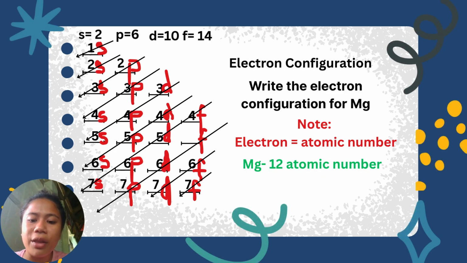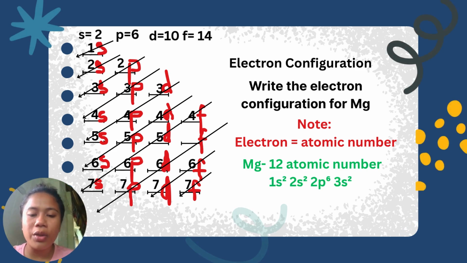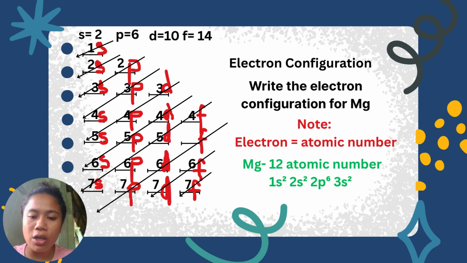Okay, let's have another example. Before I proceed with the answer, you can pause the video, get paper and ballpen so that you can try it yourself. Feel free to pause and then continue if you already have the answer. This is the electron configuration for magnesium.